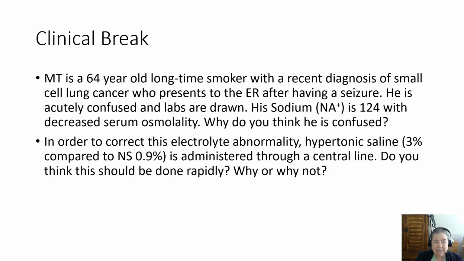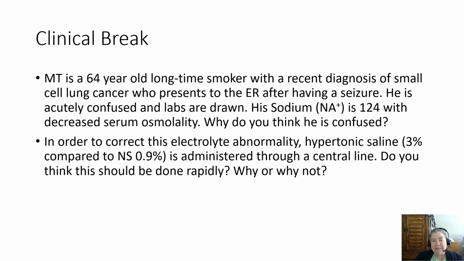So, because his sodium is low, we give him some saline that is stronger. It's hypertonic. It's more concentrated than the normal saline that we give. What we call normal saline is 0.9% saline solution, which is about the same osmolality as serum. It's about 300. And so when you give normal saline, it does not change serum osmolality.